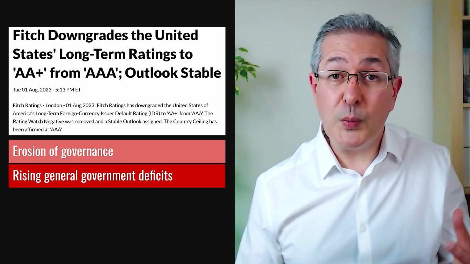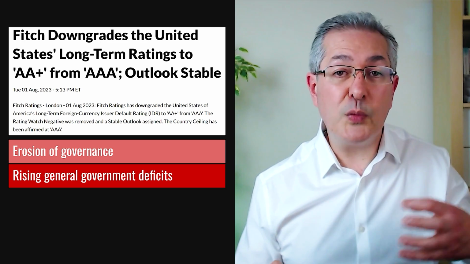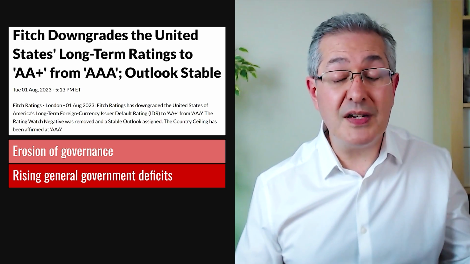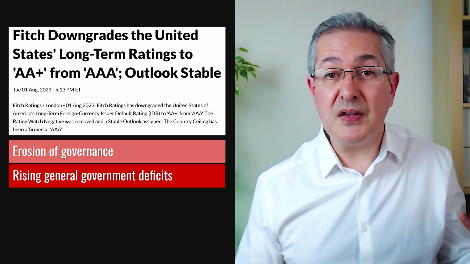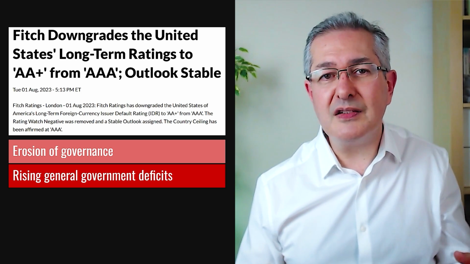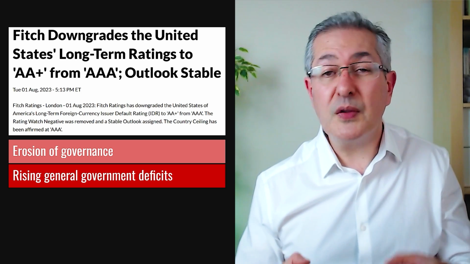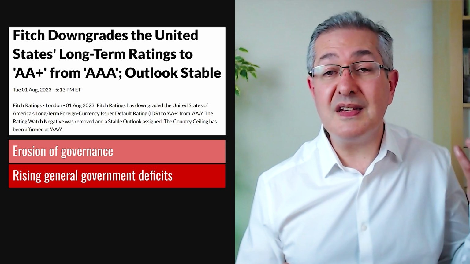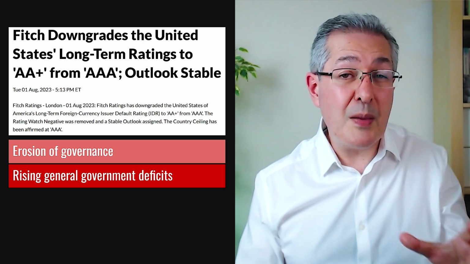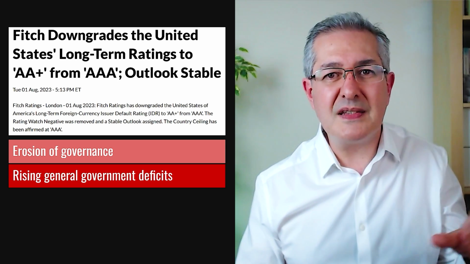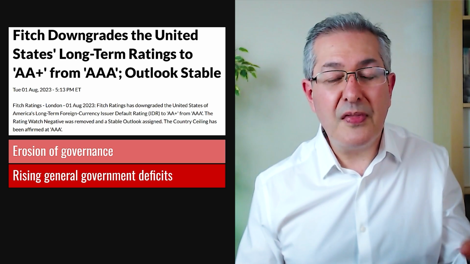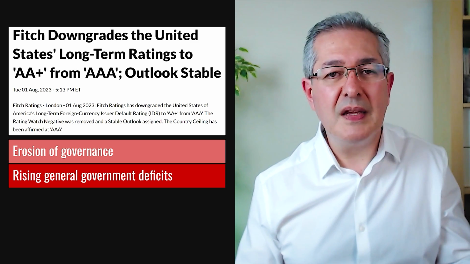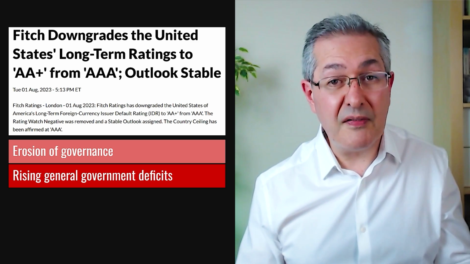Fitch also expects weak growth in the United States, and weak growth means weak tax revenue growth. Also, they're saying that state and local governments are expected to run an overall deficit. Also, the cuts that we've seen in non-defense discretionary spending have only amounted to about 15% of the total spending. And they don't think that's going to be sufficient in order to reduce the deficit significantly.